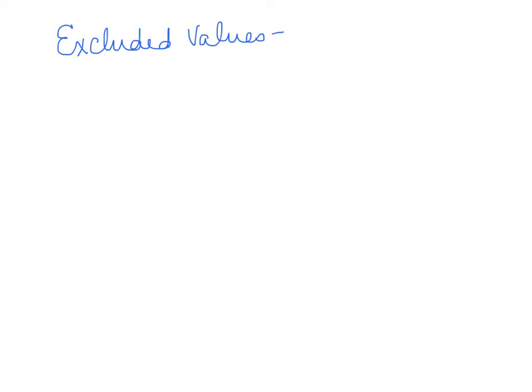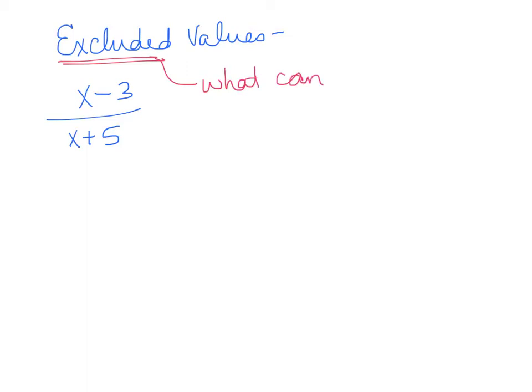Alright, so excluded values. If you are dealing with a fraction, let's look at x minus 3 over x plus 5. If I have this fraction here, the question on excluded values is what can x not be?